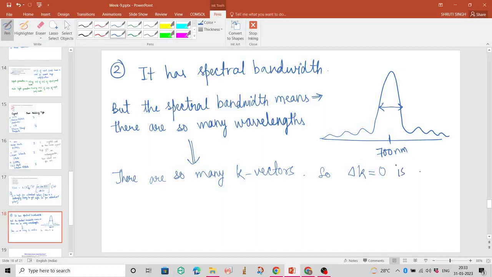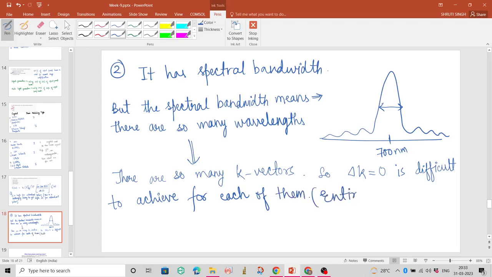Delta k equals to 0 is difficult to achieve for the entire band. We need to get phase matching conditions satisfied for each wavelength.